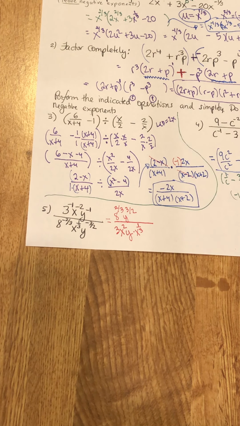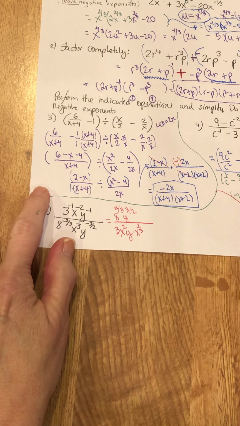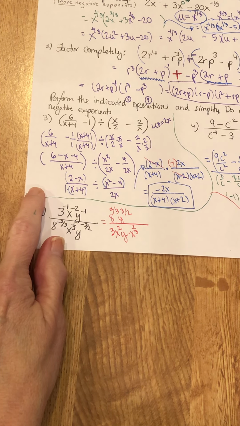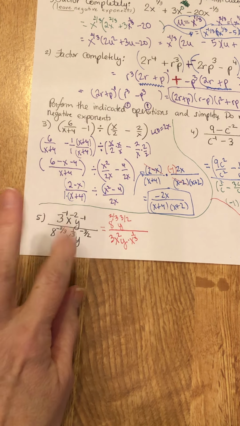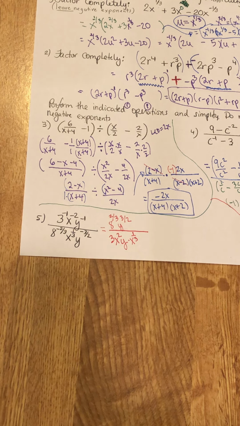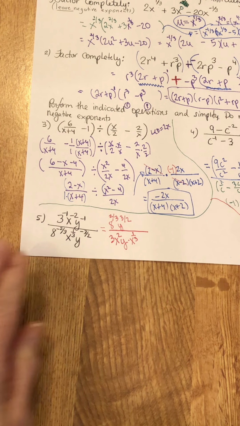All right. So, looks a little bit better already. Now we know that fractional exponents are radicals in disguise, but when your problem starts with fractional exponents, just work with the exponents, with one exception.